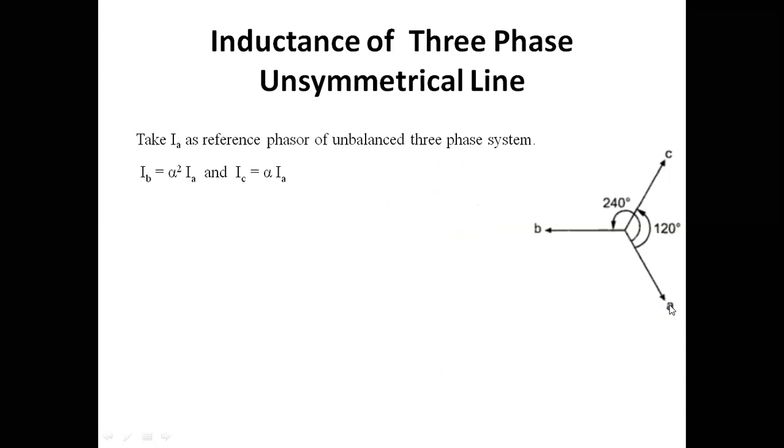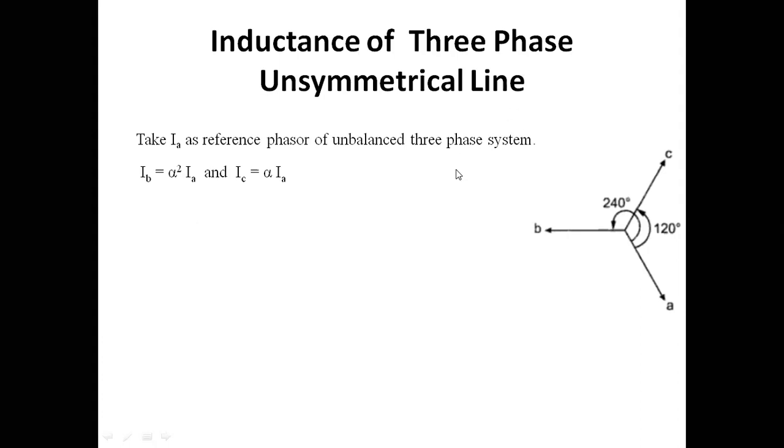Therefore, if we consider A as a reference, at 120 degrees is IC. IA at phase A is taken as a reference, and IC is displaced by 120 degrees and will be alpha into IA. In complex numbers we consider j into some real part, but here it is alpha into IA, not j alpha. And IB equals alpha square into IA.